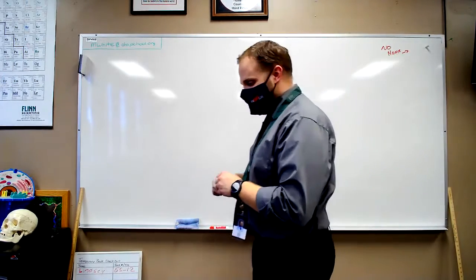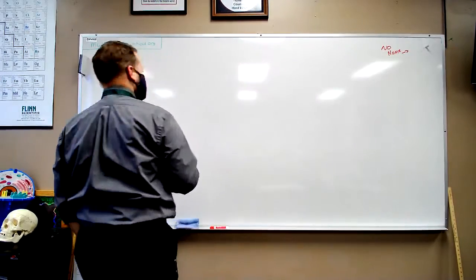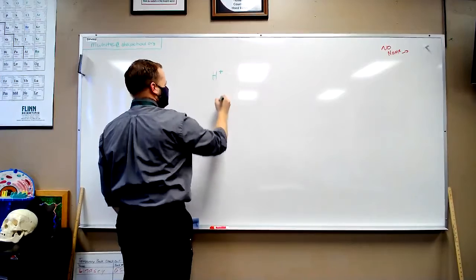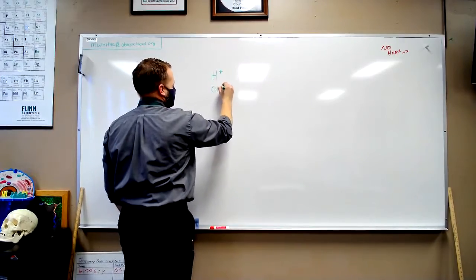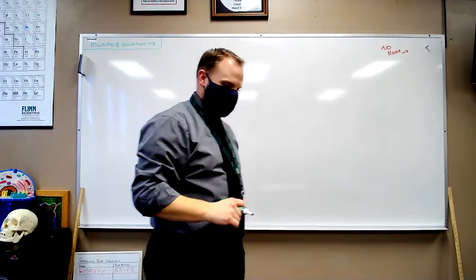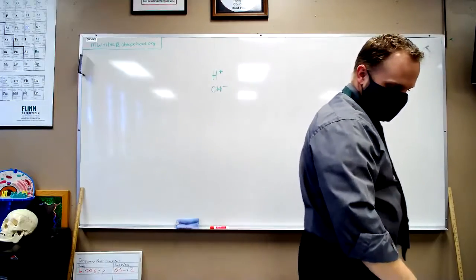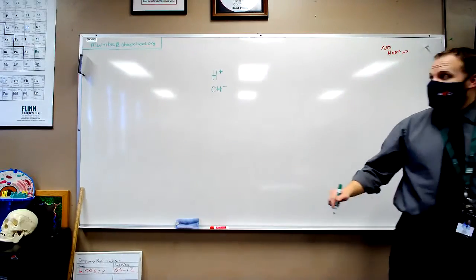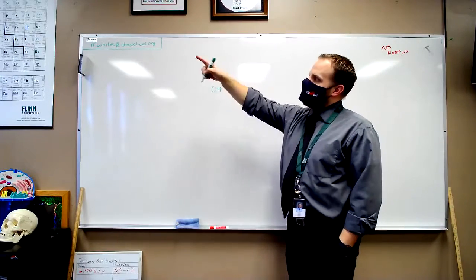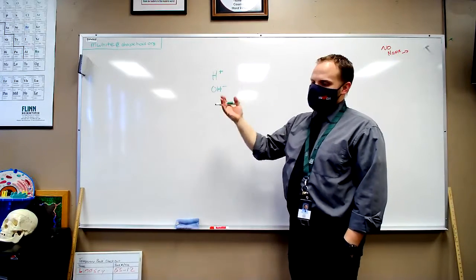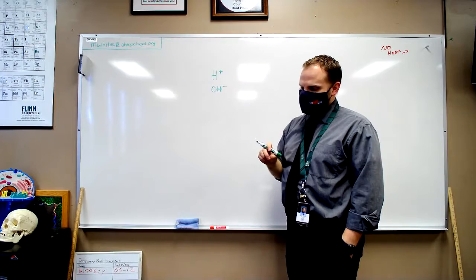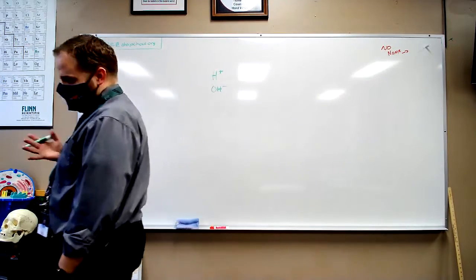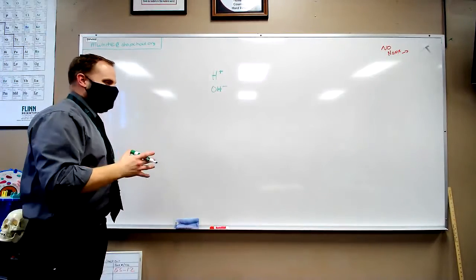What we're going to see all the time throughout this chapter is H plus and OH minus. H plus is a hydrogen atom that has lost its electron, and really that just leaves a proton.